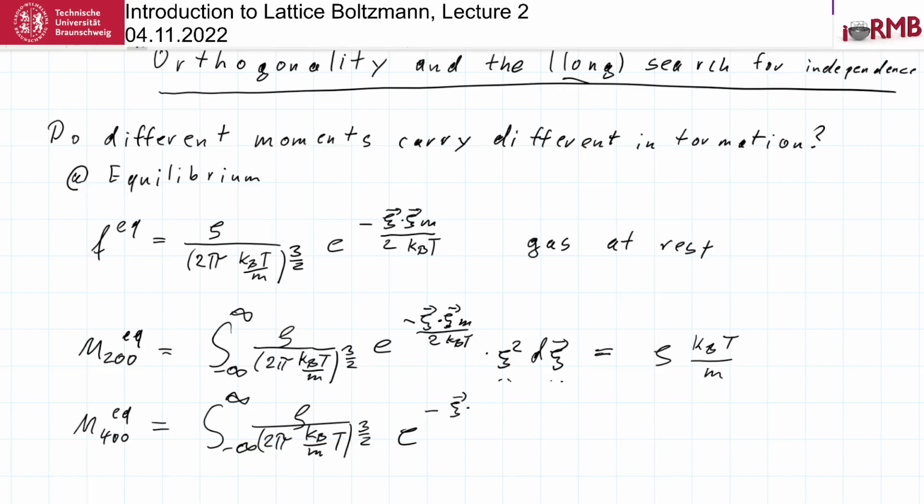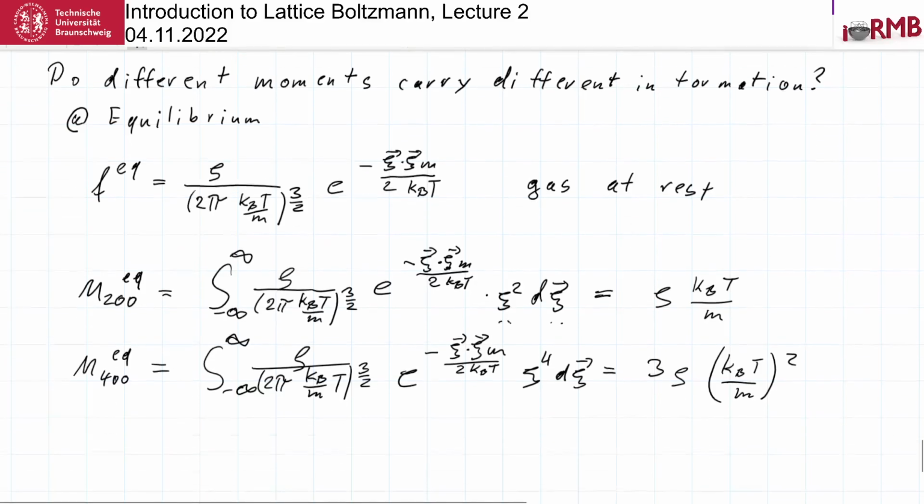So xi times xi m divided by 2 k Boltzmann T, and now it's a fourth moment, so this will be xi to the power of 4, again the vector. Using Mathematica to solve this, we get 3 rho k Boltzmann T divided by m, and the entire thing squared. Now does this contain new information? No, it contains the same information in a different way.